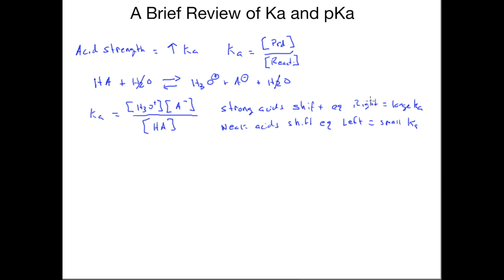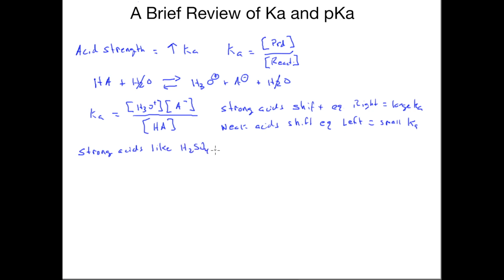So what are typical Ka values that you would see? That's one of the things that's important to discuss. For instance, strong acids have Ka values that are very high.